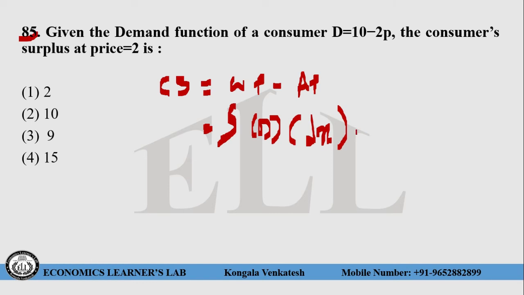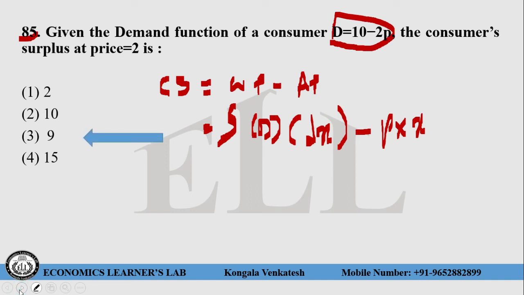When you subtract the original price times quantity, that is P into X, you will get the actual payment. So based on this demand, you just do the integration, subtract the actual P and Q, then you will get an answer, that is 9. So here the right answer for this question is choice number 3.